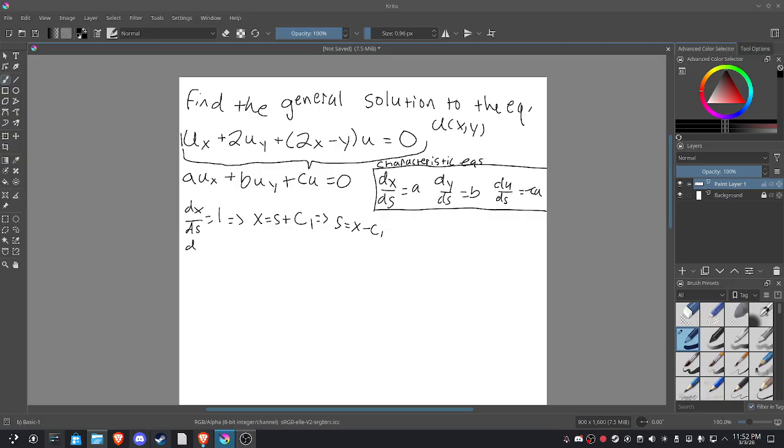Following the same thing with B, dy/ds equals 2, showing us that, sorry, that should be a y, y equals 2s plus c2. I'm sorry, this is wrong.